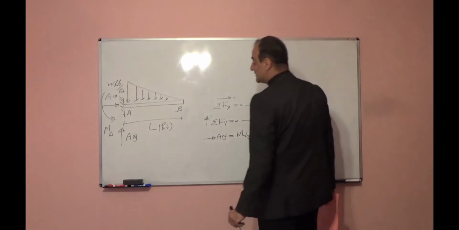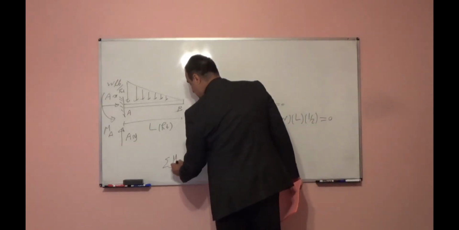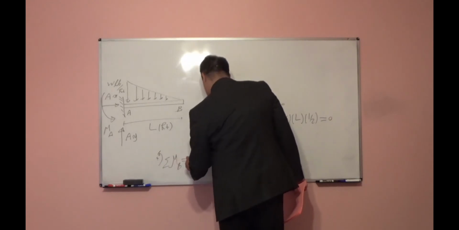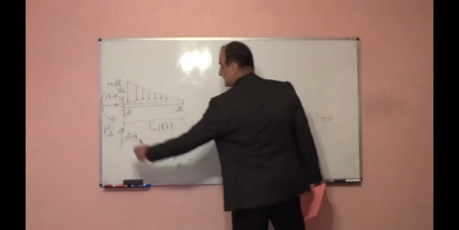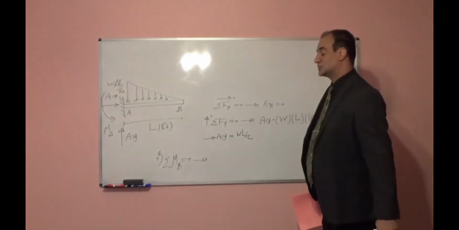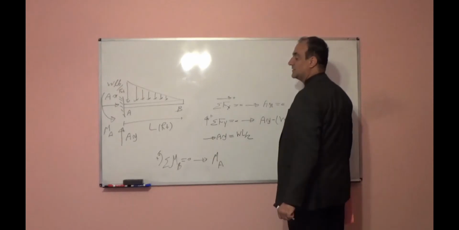If I take moment with respect to point, for example, B, and put equal to 0, I can write with respect to point B is MA. I assume counterclockwise direction, so it is positive MA.